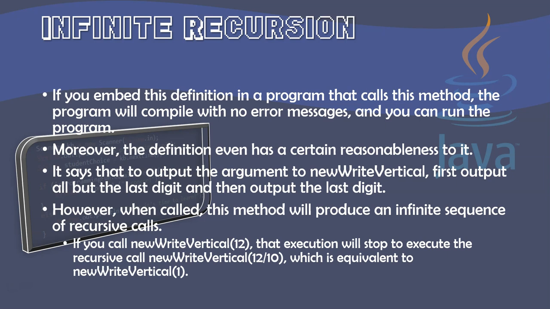However, as you probably have already guessed, when you call this version, the method is going to produce an infinite sequence of recursive calls. So for example, if we call new right vertical 12, the execution will stop to execute the recursive call new right vertical 12 divided by 10, which is equivalent to new right vertical 1.